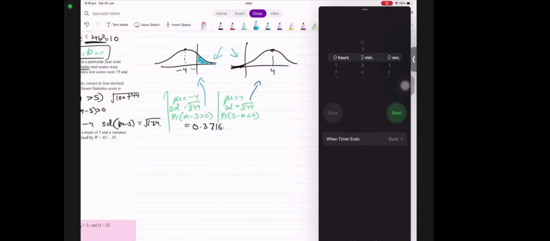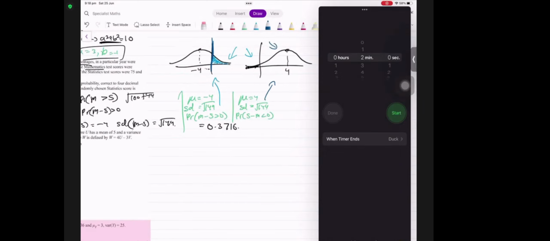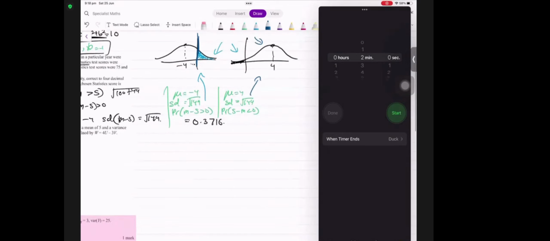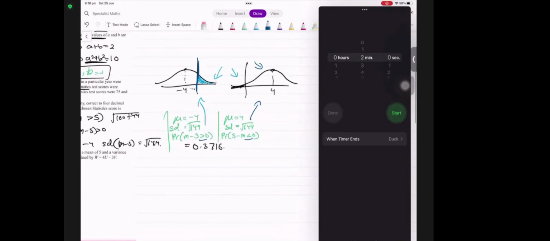You can think of them as both symmetrical: if you reflected it over the y-axis, you pretty much get this exact graph. If you multiply by a negative, that's the same thing happening here. You're switching the inequality around and getting the same area overall. I'm not sure how I can explain this any better, but hopefully it makes sense.